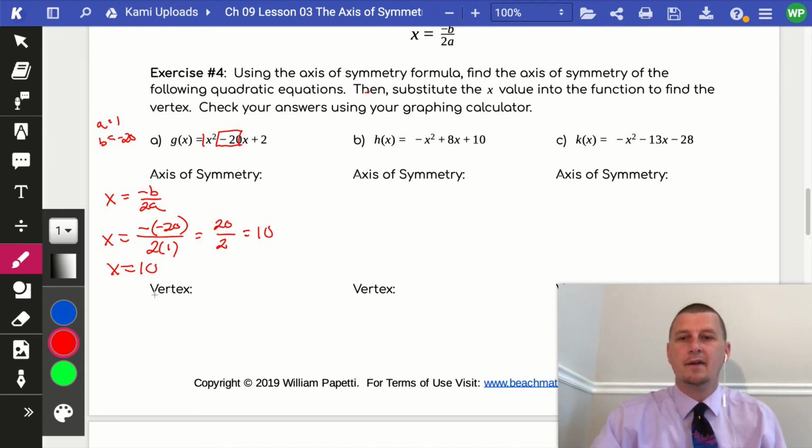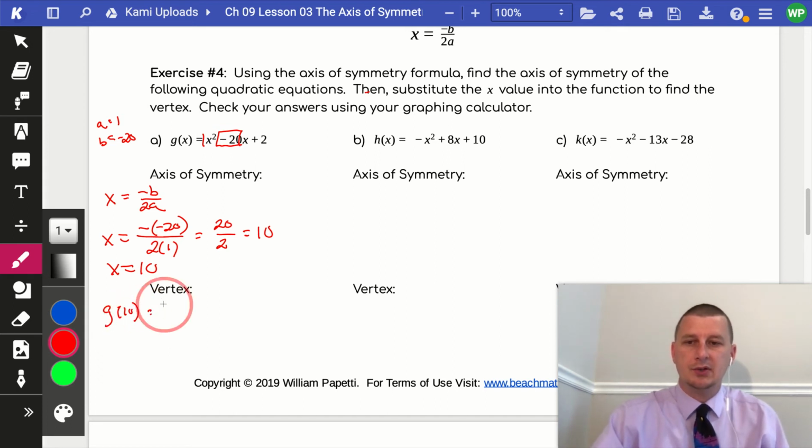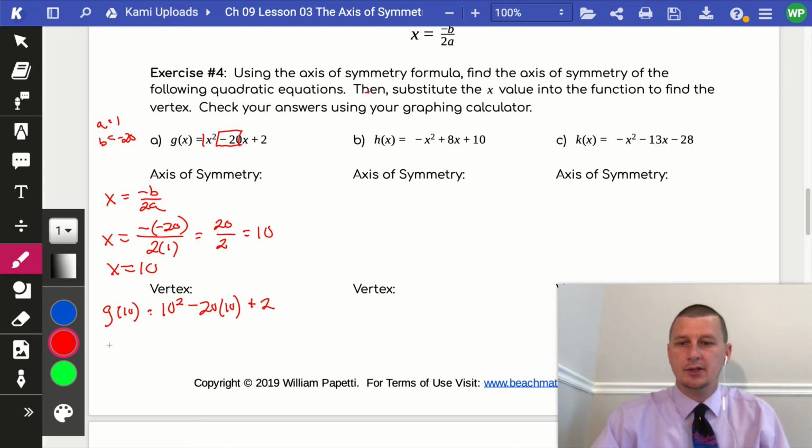Now, in order to find our vertex, it says to substitute the x value from the axis of symmetry into our function. So we're going to find g of 10 now, and that's going to be 10 squared minus 20 times 10 plus 2. And g of 10 is then going to be 100 minus 200 plus 2.